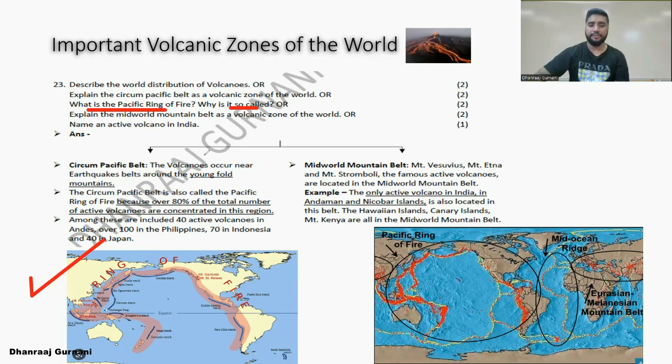The Circum-Pacific Belt is also called the Pacific Ring of Fire because over 80% of the total active volcanoes are concentrated in this region.